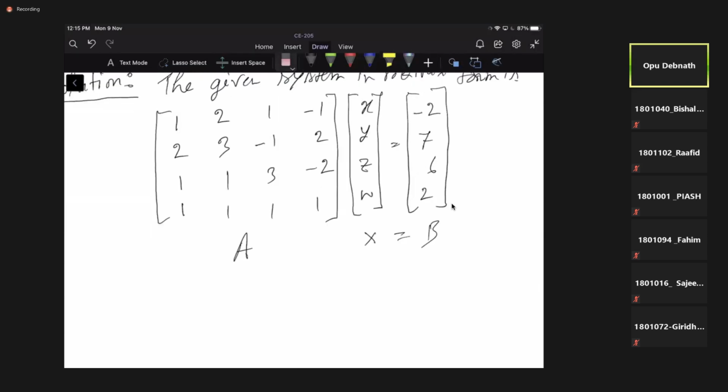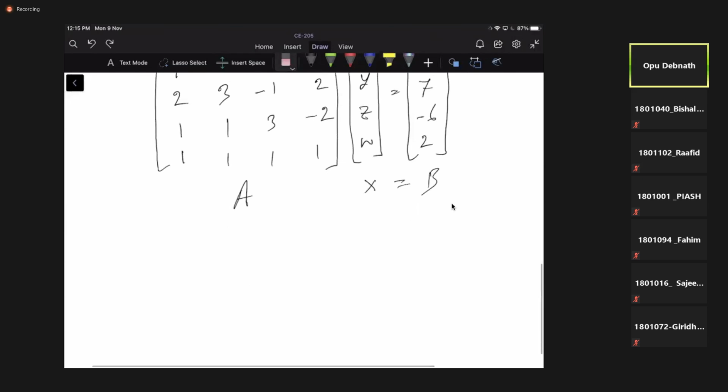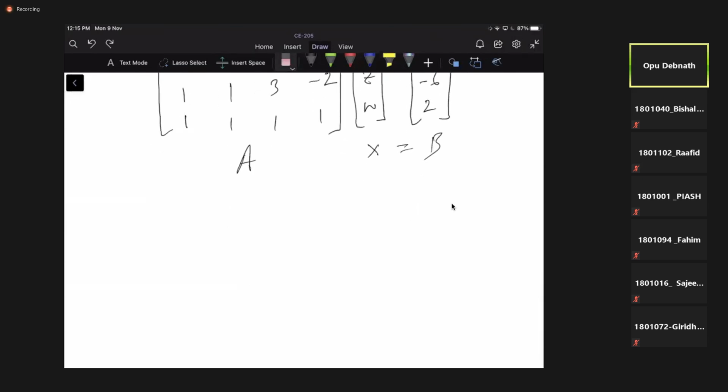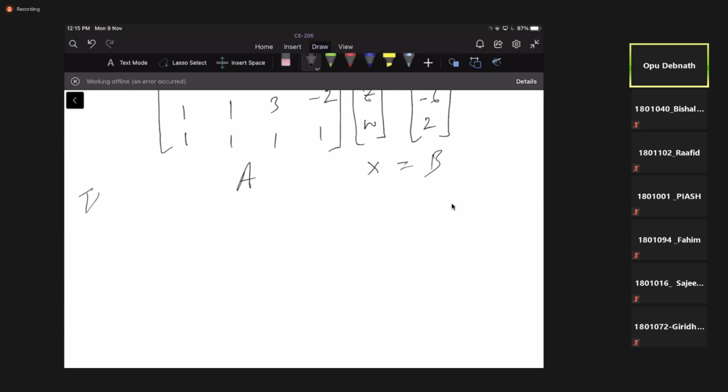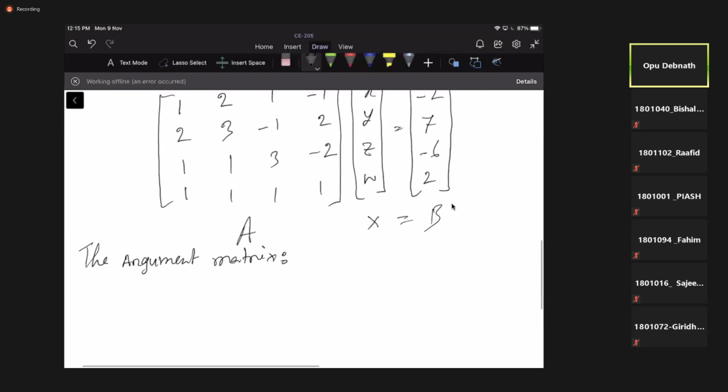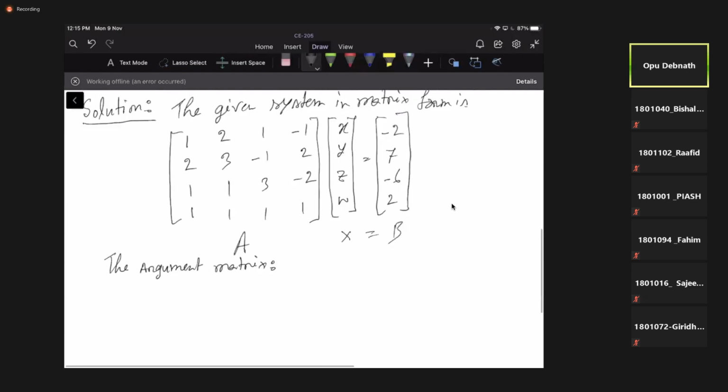Both steps are important. So let's start the augmented matrix. What will be the augmented matrix? The augmented matrix is nothing but, we only take the coefficients.